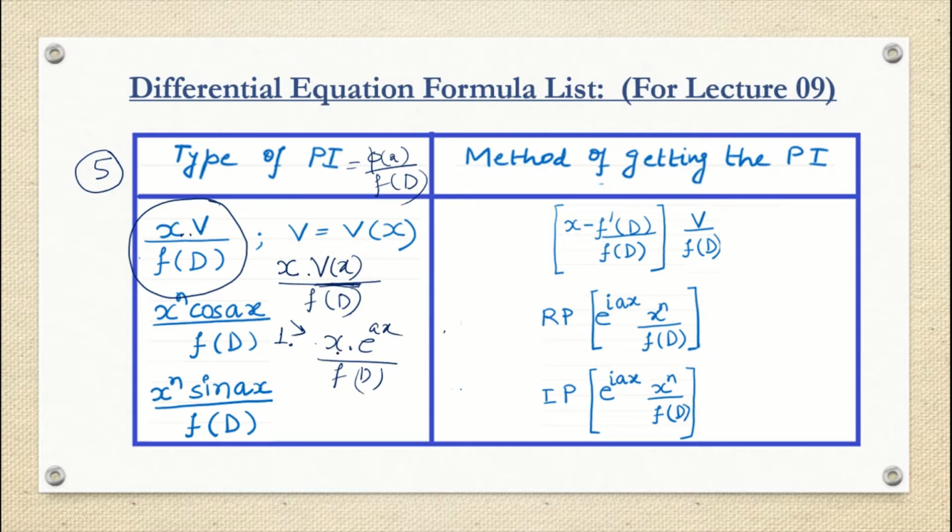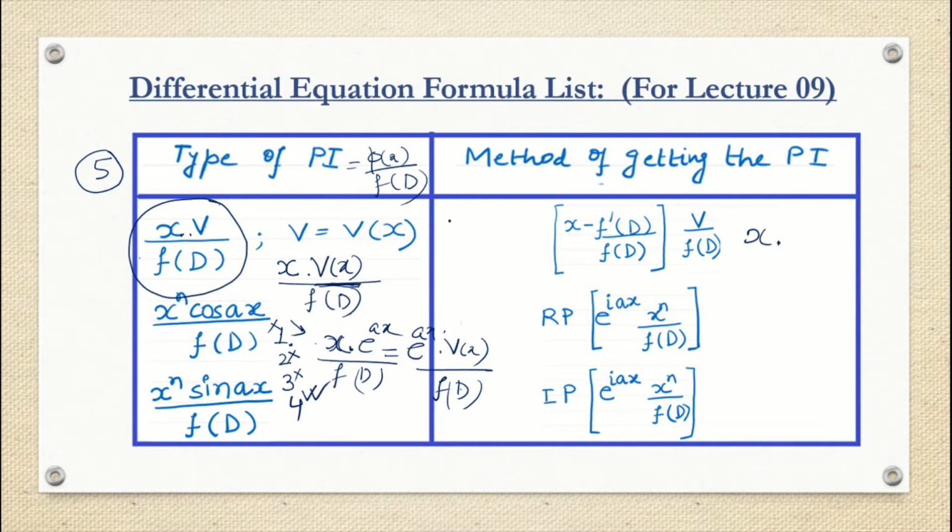Is this my type 2? No sinusoidal function. Is this my type 3? Polynomial you can say, but along with that some other function is there. This is not my type 3. Is this my type 4? Yes, this is my type 4. Why? Because in type 4 we have said that you can write e raised to x and then V of x divided by f(D). So this is your type 4.